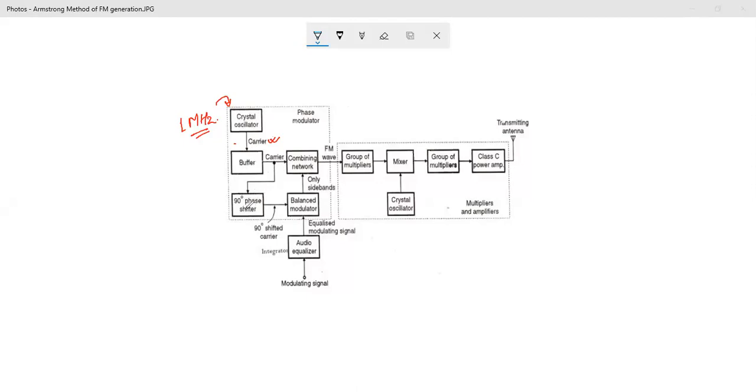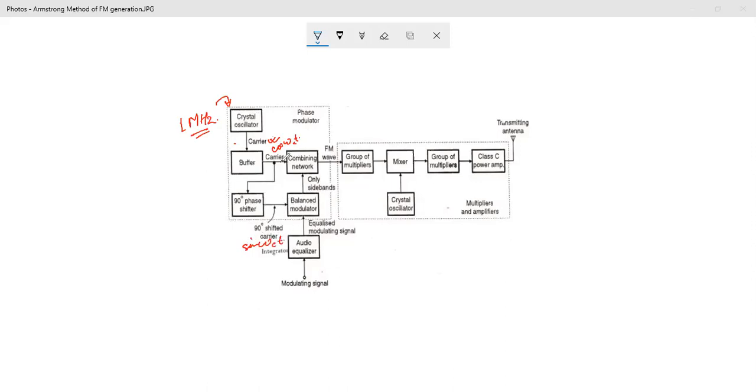It is just shifting the signal by 90 degrees. So if the signal is cos omega ct, that is cos 2 pi fct, then after the 90-degree phase shift we get the 90-degree shifted carrier, that is sine omega ct.